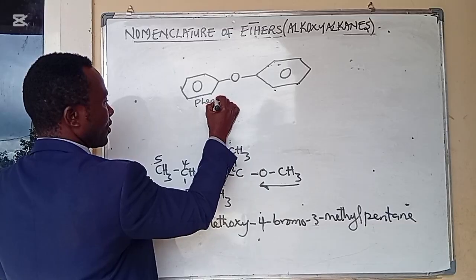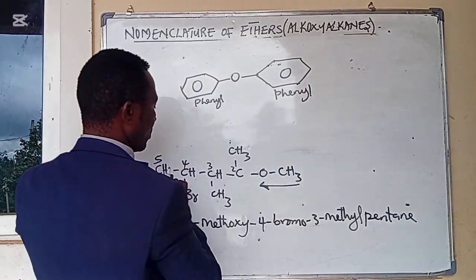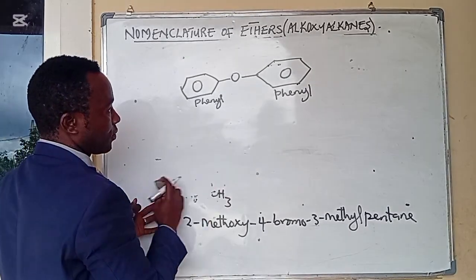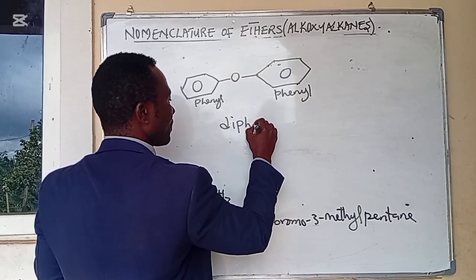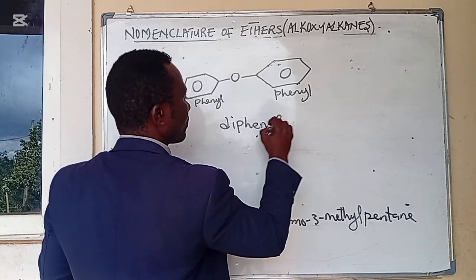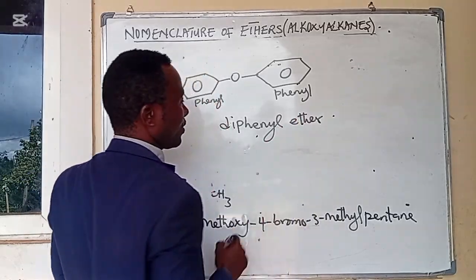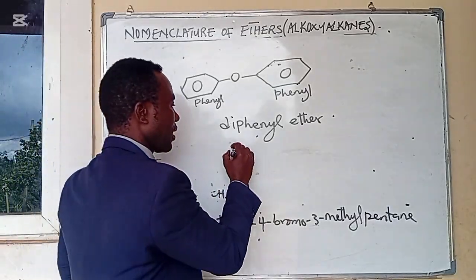This is also phenyl. When benzene is attached, it becomes phenyl. How many phenyl groups? 2. So this is diphenyl ether. Okay, that is the answer.